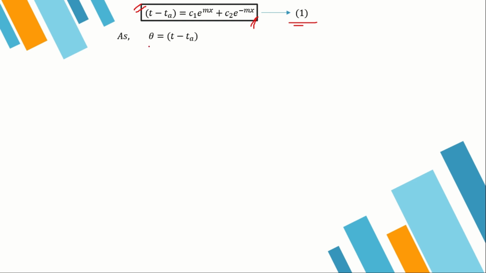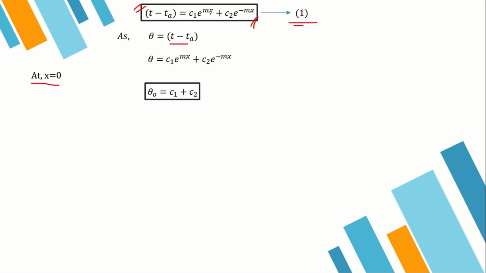As we have assumed theta is equal to T minus TA, that is the temperature difference, theta here is equal to C1 e raised to the power mx plus C2 e raised to the power minus mx. At x equal to 0, theta naught is equal to C1 plus C2.